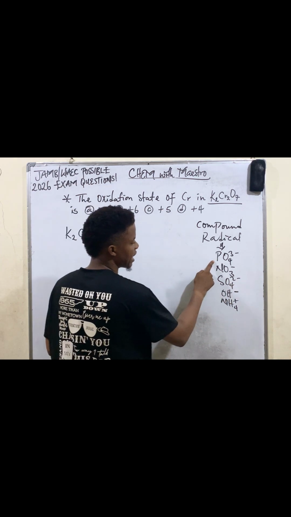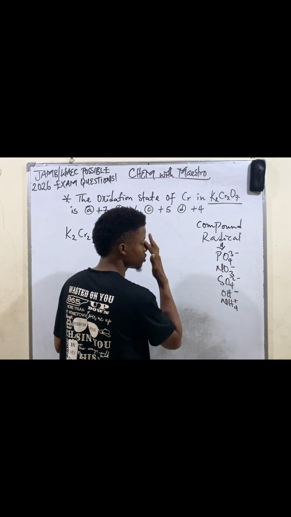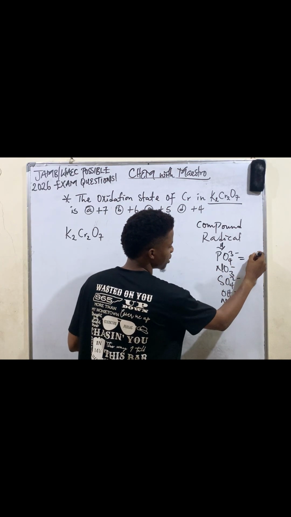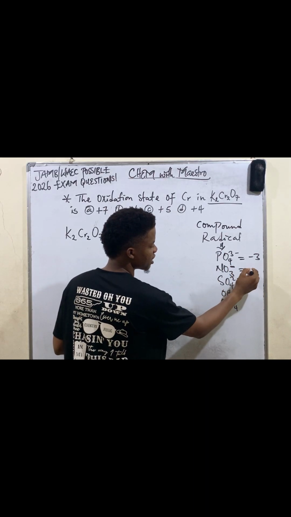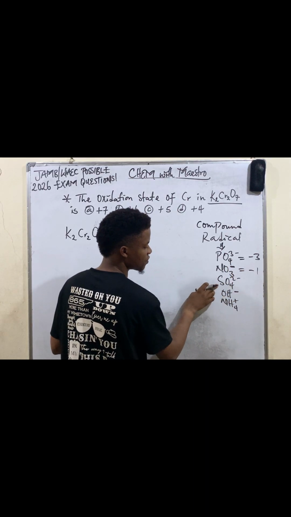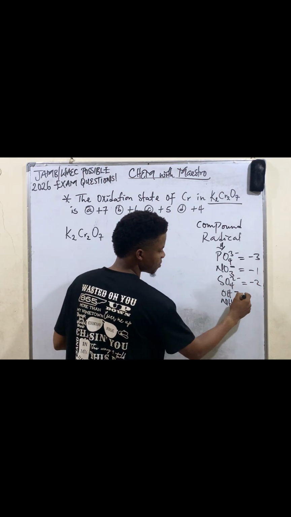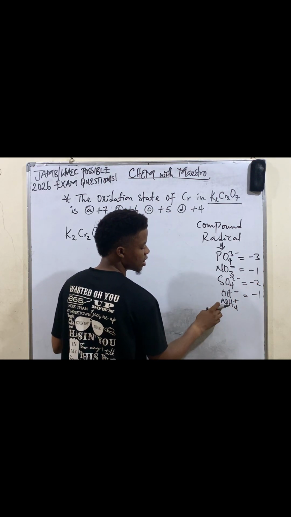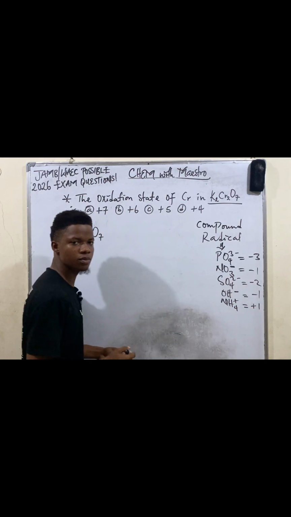If you look at the first one, the charge on the radical is 3 minus, so the algebraic sum will be minus 3. The charge on this radical is minus 1, so the algebraic sum will be minus 1. This one is minus 2, so the sum is minus 2. This one is minus 1. This one is plus 1, so you have plus 1.